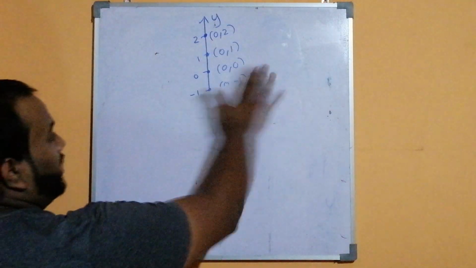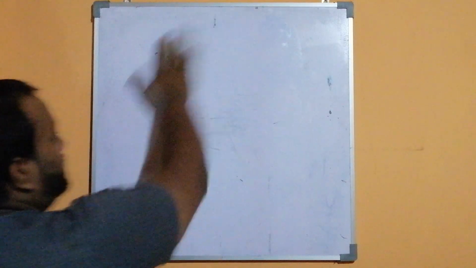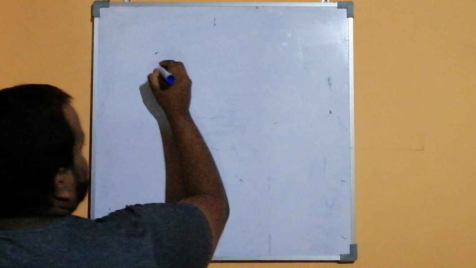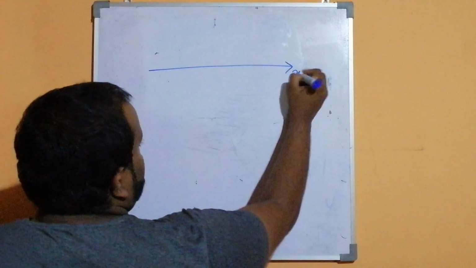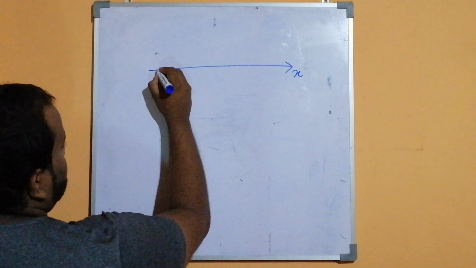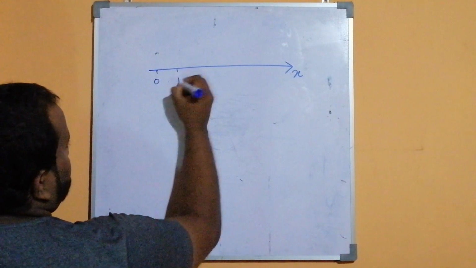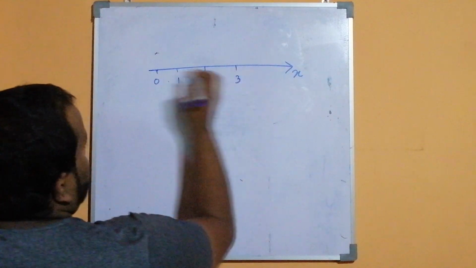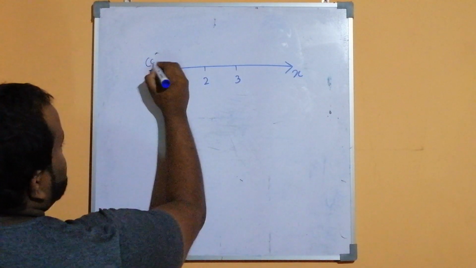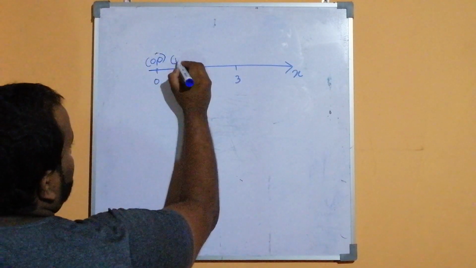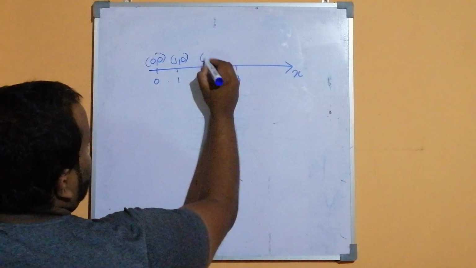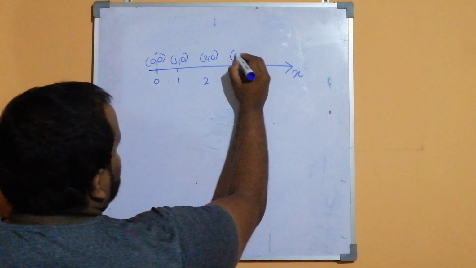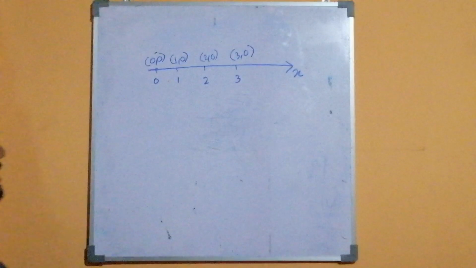Now let's try to find out what is going to happen on the x-axis. Here the coordinates are 0, 0; 1, 0; 2, 0; 3, 0.